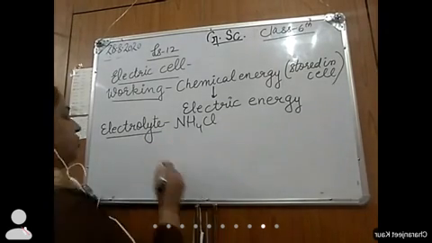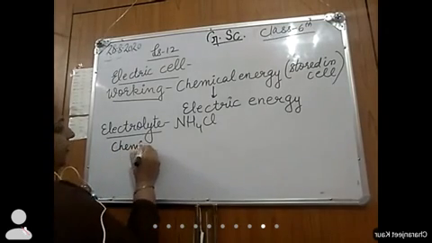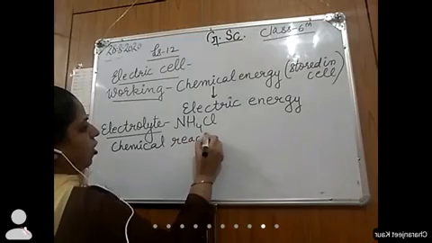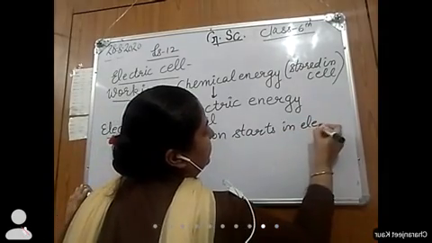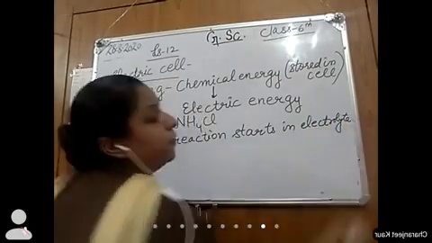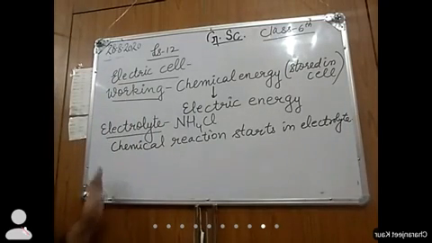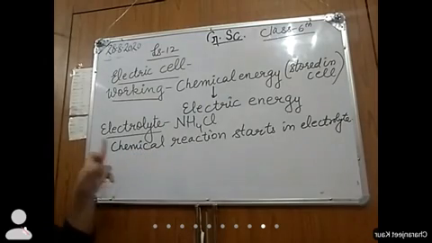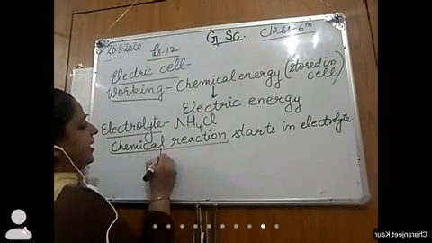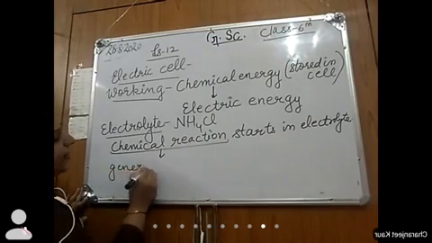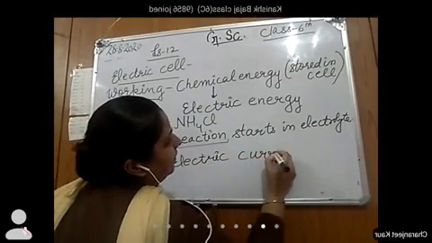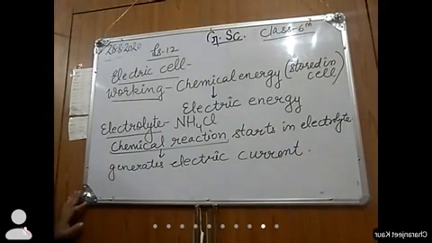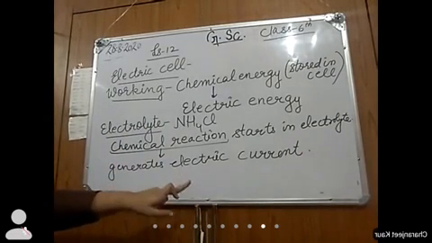When the switch is on, a chemical reaction starts in the electrolyte, and this chemical reaction generates electric current.